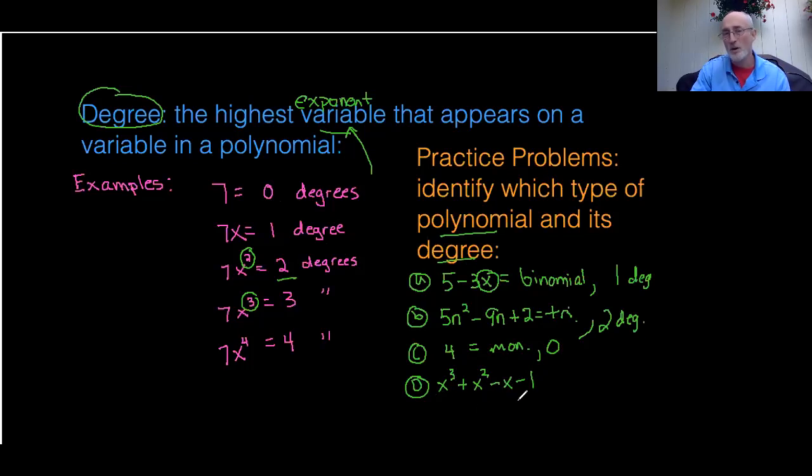It's got 4 terms, so it's not a monomial, binomial, or a trinomial. I would say it's none of the above, okay? So it's none. And what degree is it, though? I put a comma here, degree. The highest exponent is a 3, so it's 3 degrees, okay? That's how I would determine that one right there. That is the highest degree.